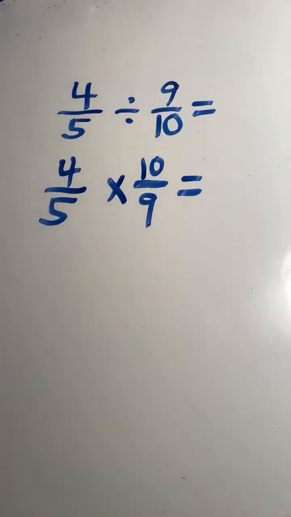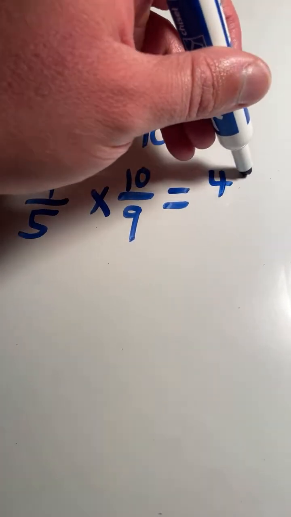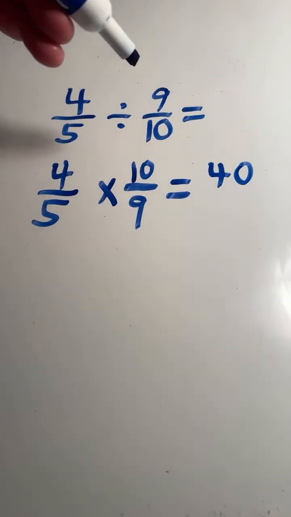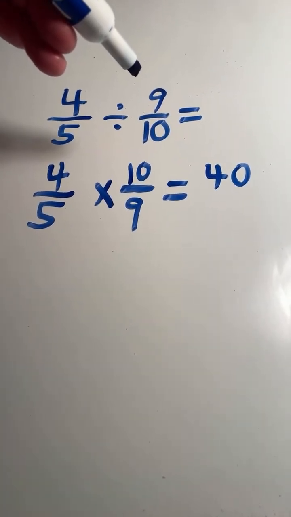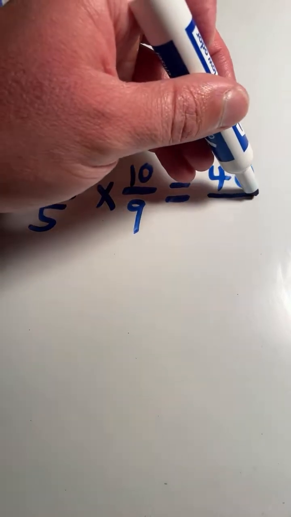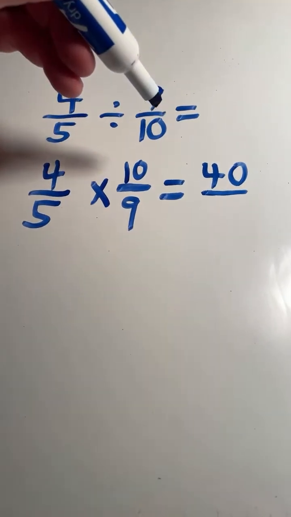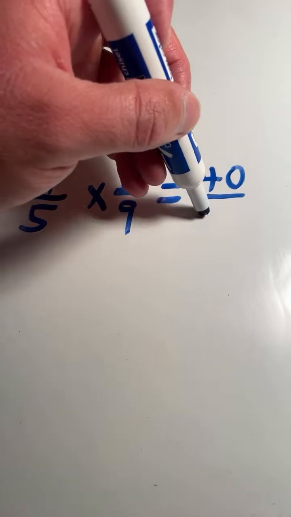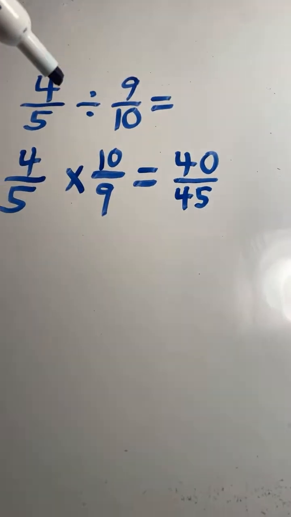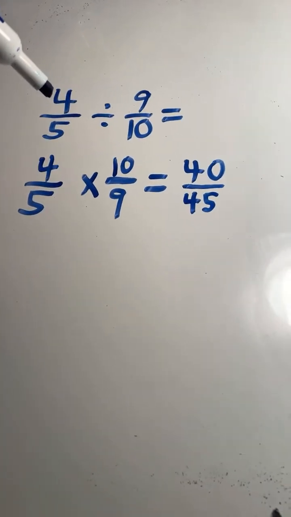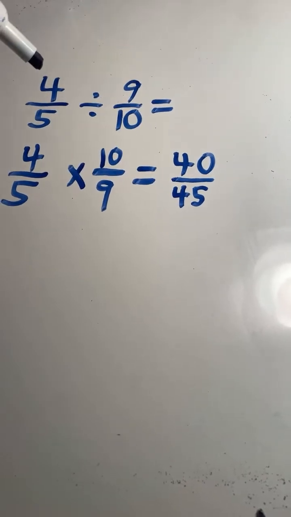So we'll start with the numerators. 4 times 10 equals 40. 5 times 9 equals 45. So 4/5 divided by 9/10 equals 40/45.